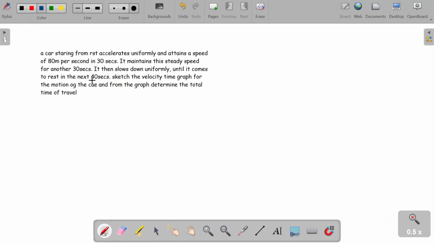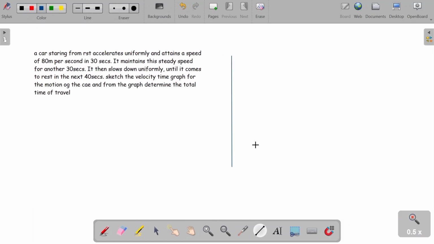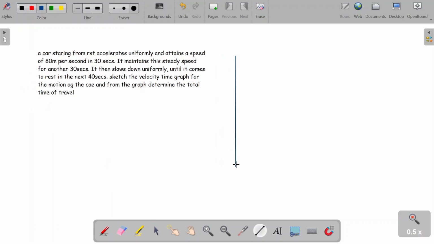So we have a car that starts from rest. Let me draw. Okay.